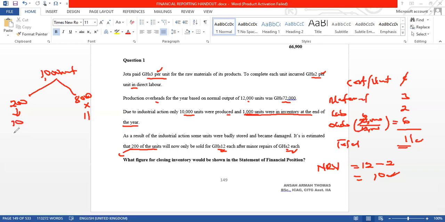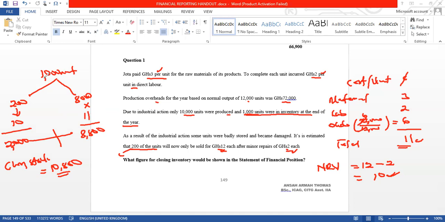What then is going to happen is that if you multiply the 10, we are having 2,000 cedis here. And if you multiply 11 here, we will go through and have 8,800. So the closing stock of 1,000 units is now going to give us something around 10,800, instead of the 11,000. 11 cedis multiplied by this gives us 11,000.